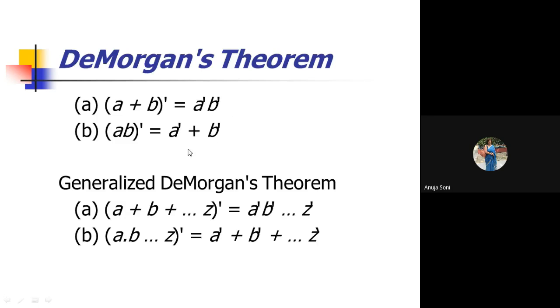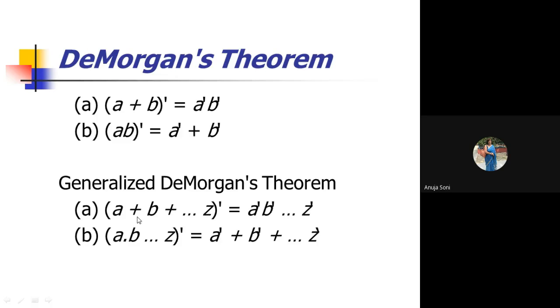Now generalize De Morgan's theorem. It applies for n number of variables. It says that similar versions are there. The complement of a plus b plus up to z, meaning n number of variables with the OR operator in between, on the right hand side will be equivalent to the expression a dash into b dash and so on up to z dash.